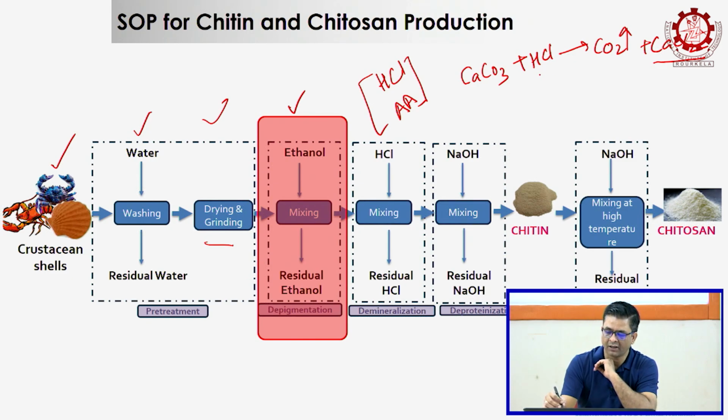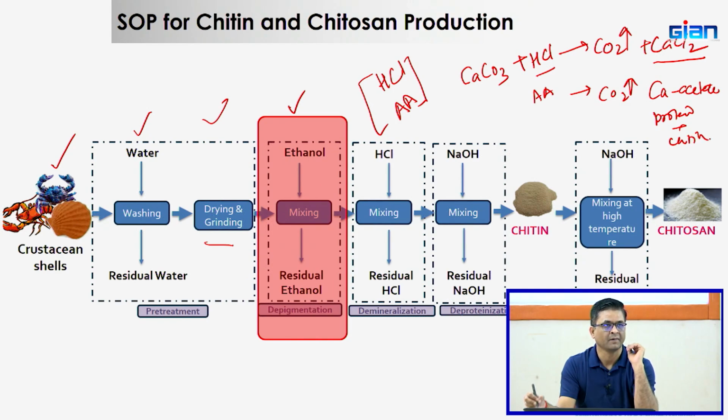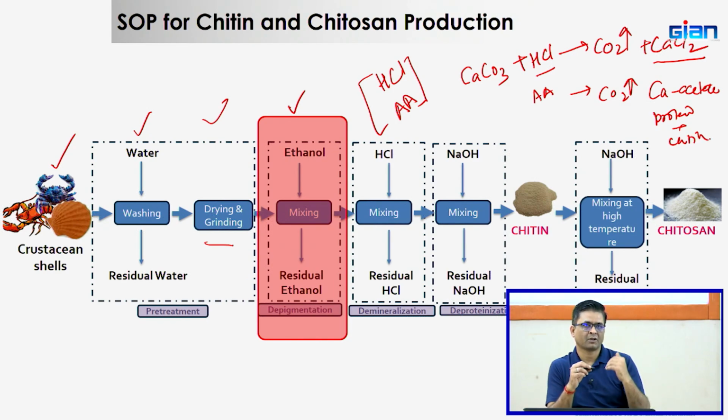This happens with hydrochloric acid. If you use acetic acid, everything happens the same, and what you get is calcium acetate. Whatever is left over is your protein plus chitin, because that is a robust network of minerals, proteins and chitin.